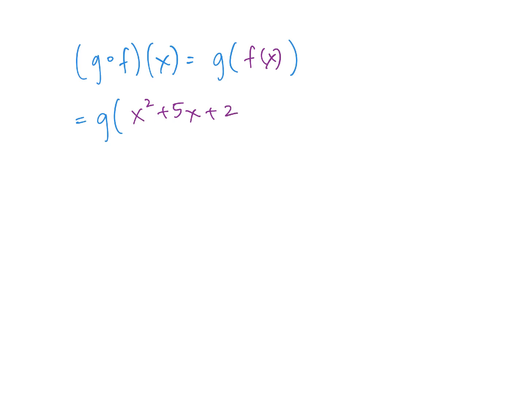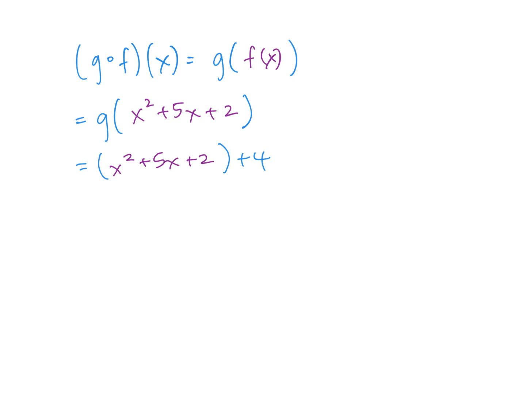So that's what we're plugging into g. What does g do? G has a much simpler function. It simply takes its input and adds 4 to it. So what are we plugging in? We're plugging in x squared plus 5x plus 2.